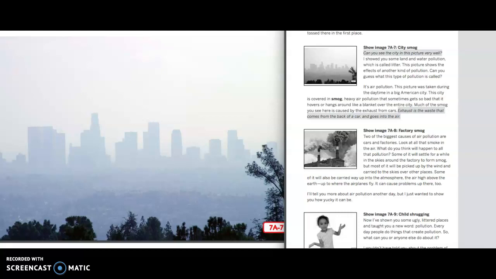This city is covered with smog, heavy air pollution that sometimes gets so bad that it hovers or hangs around like a blanket over the entire city. Much of the smog you see here is caused by the exhaust from cars. Exhaust is the waste that comes from the back of a car and goes into the air.